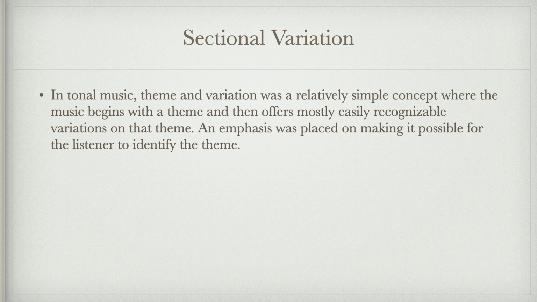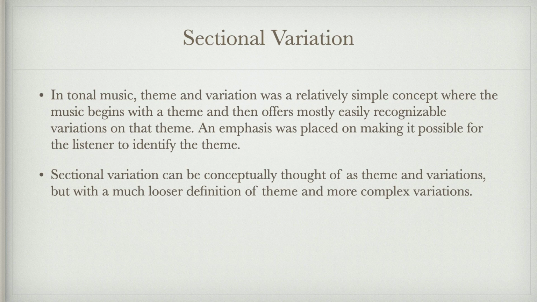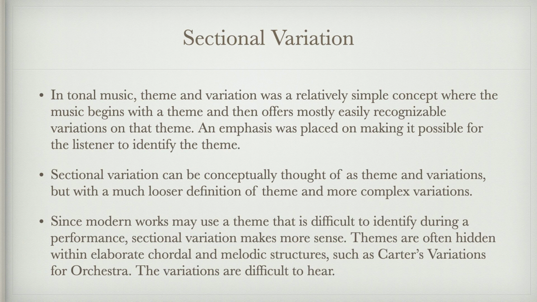And that was a big goal in the classical period. Sectional variation can be conceptually thought of as theme and variations, but with a much looser definition of theme and more complex variations. So since modern works may use a theme that is difficult to identify during a performance, sectional variation actually makes more sense.